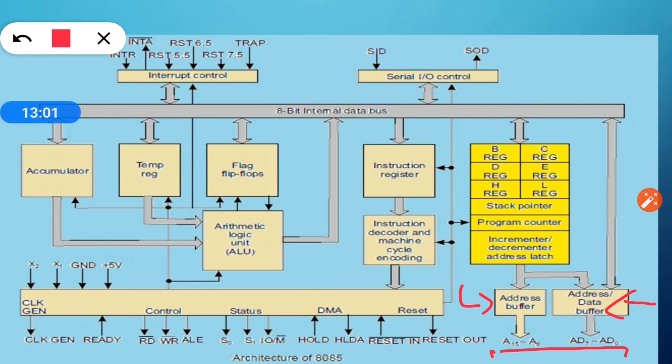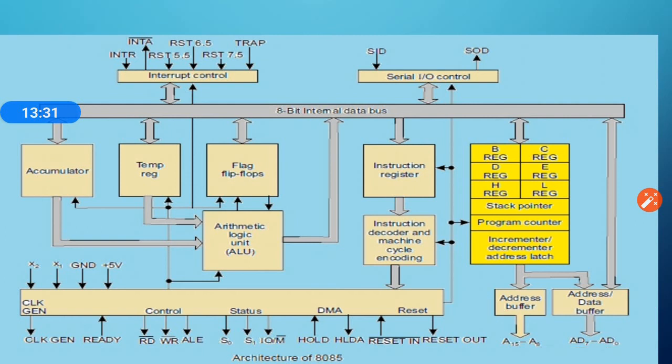So for loading data from the memory, the first task is to provide a 16-bit address to the memory device, right? So that the memory's internal circuit will locate that particular memory location having that unique 16-bit address. That 16-bit unique address is provided by this address buffer and address-cum-data buffer to the memory.